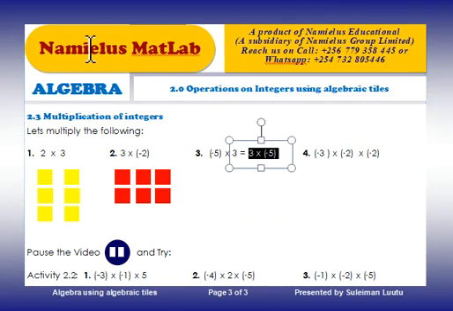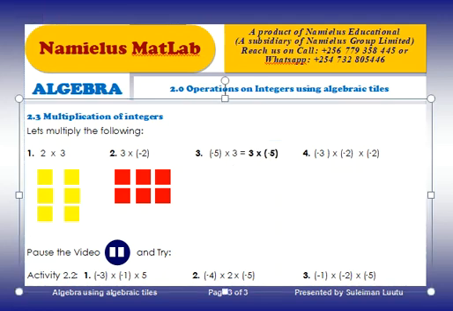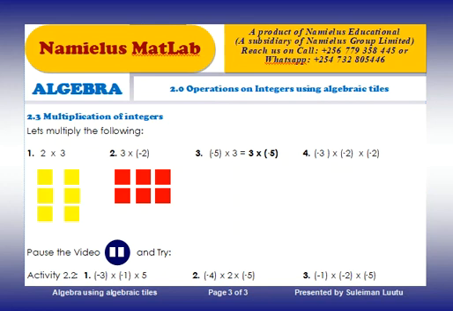So we are going to have -5 3 times, or 3 times -5. It is the same as -5 times 3, because multiplication is commutative.